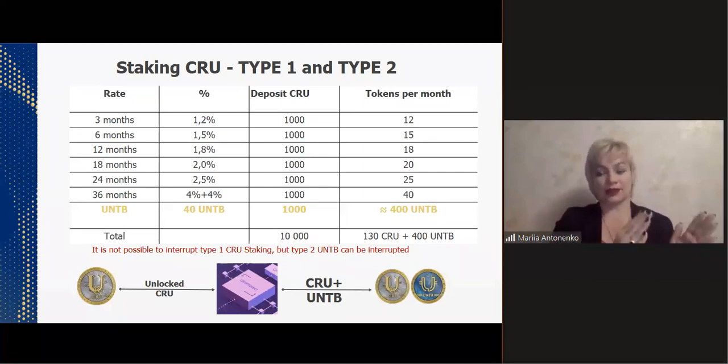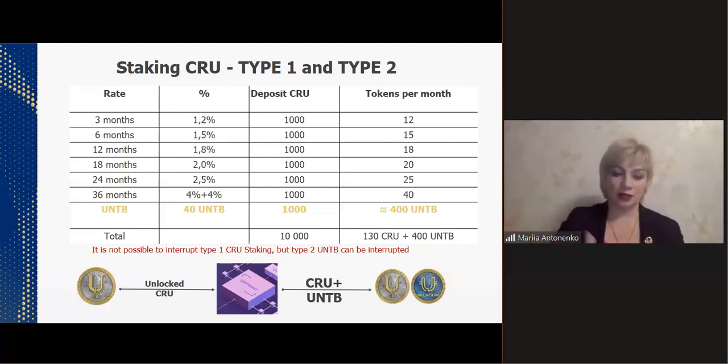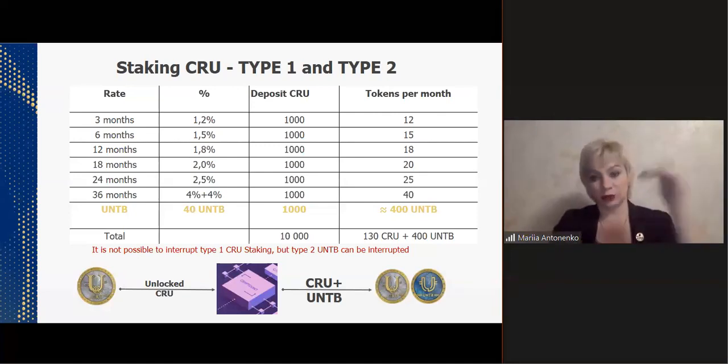When we move to blockchain, we'll have 3 months, let's say, free staking. And starting from month 4, for 36 months, you're going to receive income of 8% per month: 4 plus 4. 4% right away in the form of unlocked CRUs, so you can sell them or put them on staking again, and 4% will be just added, capitalized.